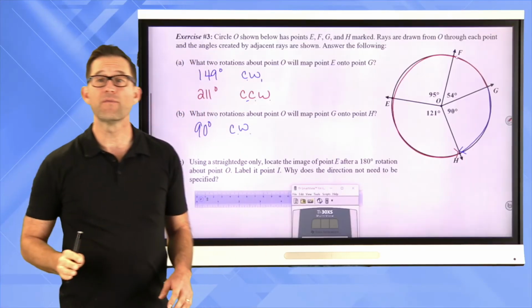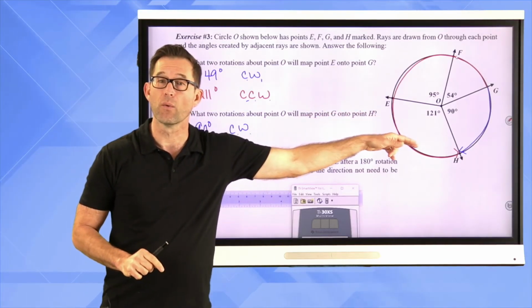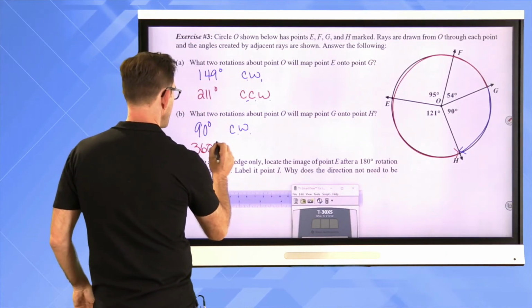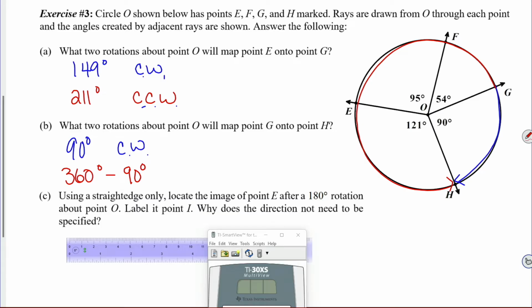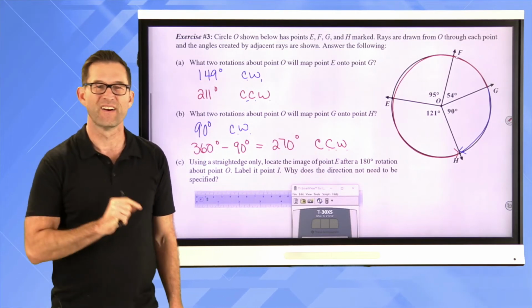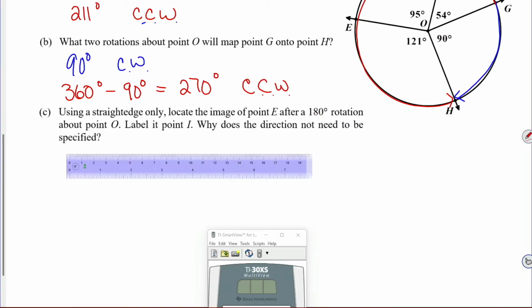And I can certainly figure that out by doing 54 plus 95 plus 121, or I could do 360 degrees minus 90 degrees, and I would get 270 degrees counterclockwise about point O.